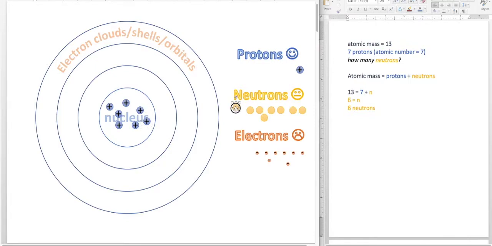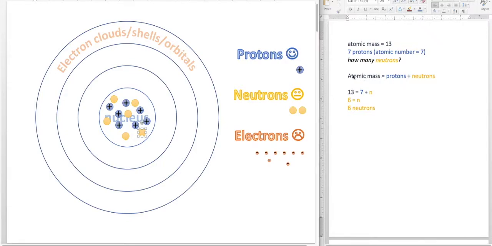So we start with 7, and now we have 8, 9, 10, 11, 12, 13. Okay, so now we're at our atomic mass of 13. How many neutrons did we have to add to get there? 1, 2, 3, 4, 5, 6. So that means there are 6 neutrons in this atom.